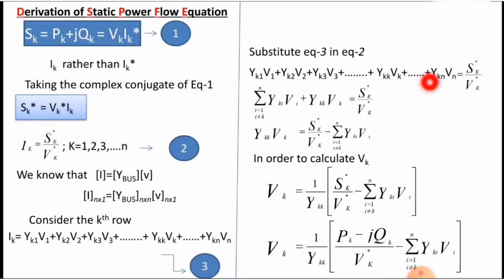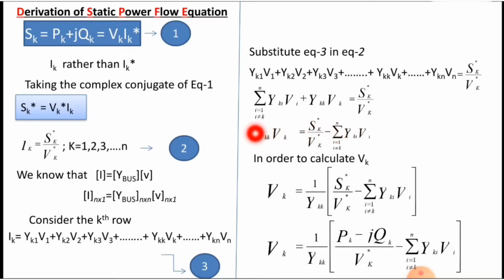Let me rearrange this expression as sigma running from i is equal to 1 to n, i is not equal to k, Yki Vi plus Ykk Vk is equal to Sk conjugate by Vk conjugate.